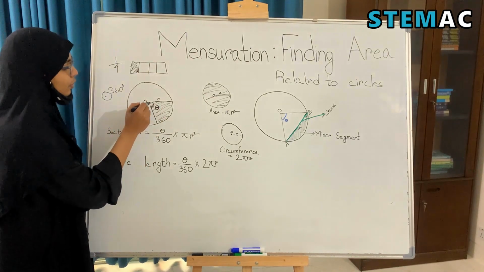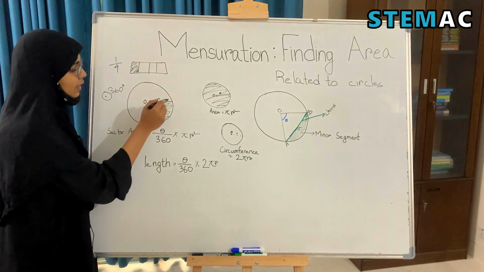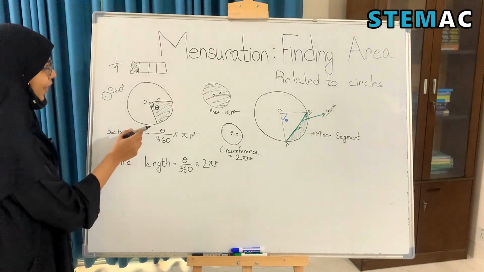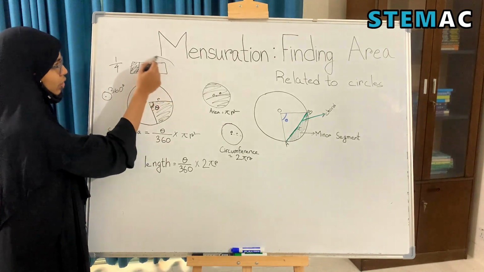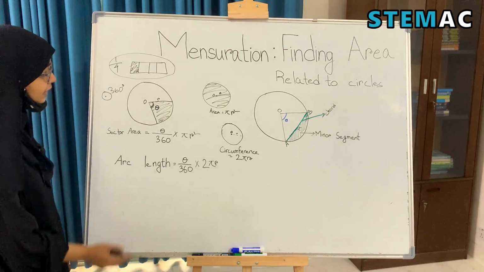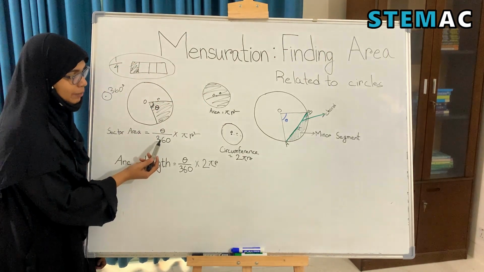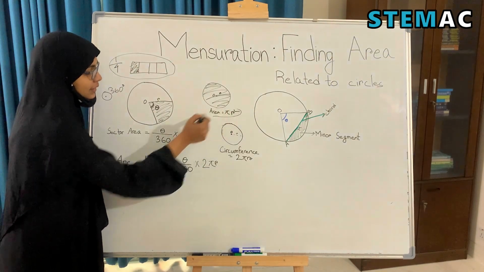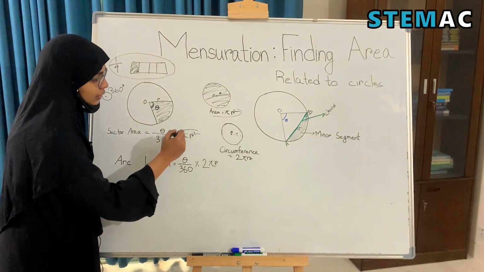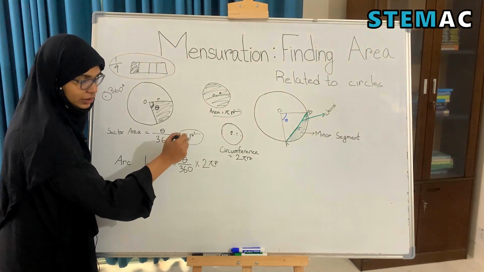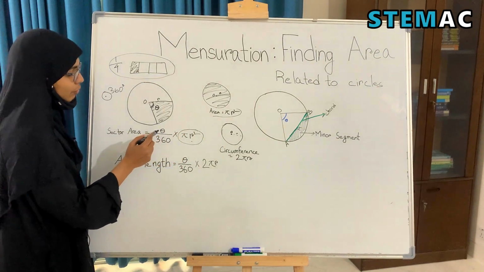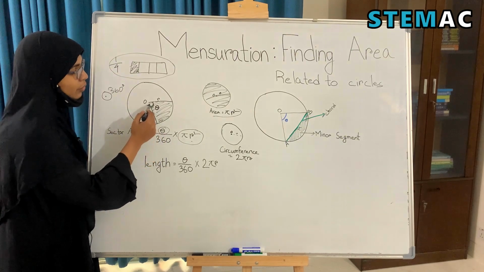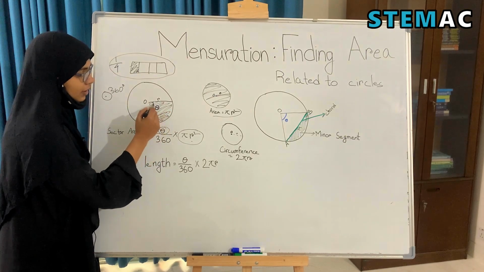So we write, just like the fraction, theta divided by 360 into pi r square, as the area of the whole circle is pi r square, and we will get this area.